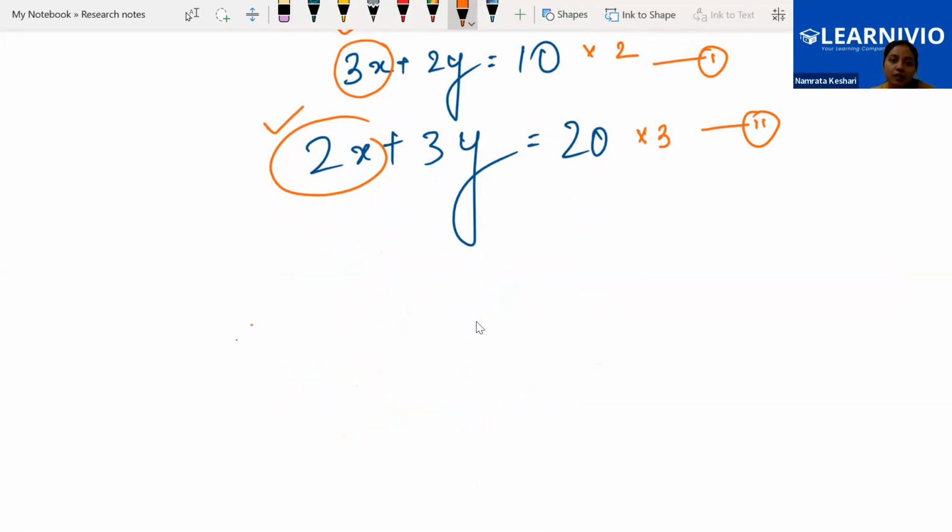Equation 1 will become, please tell me, Aisha and Arya.